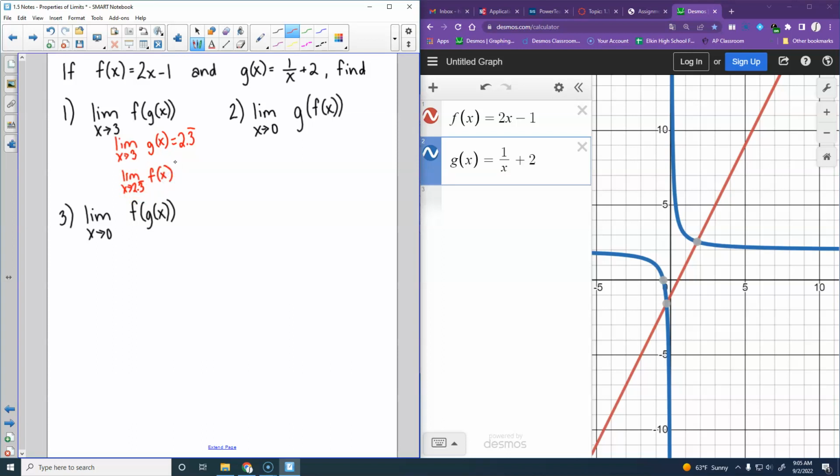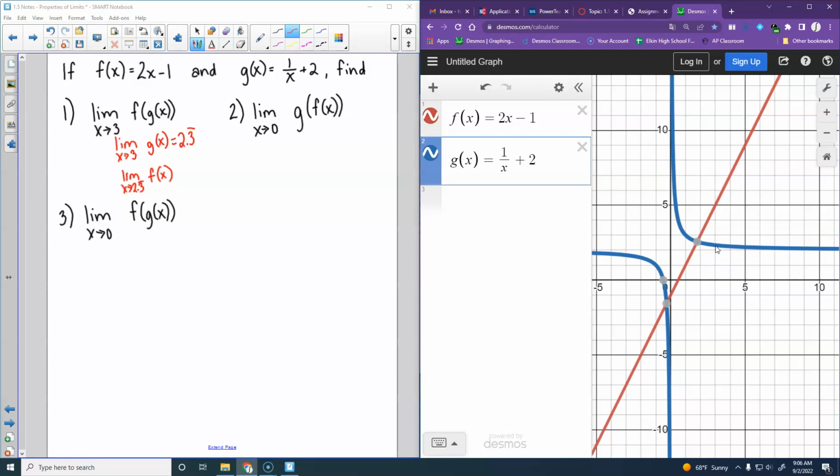Now, there is a little bit of a trick to this. So, on this graph right there at 3, are our values, as they approach the 2.3 repeating, coming from above or below or both sides?